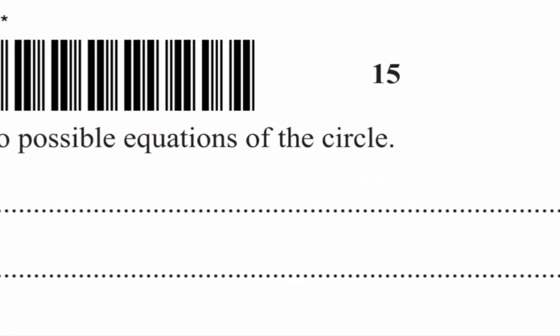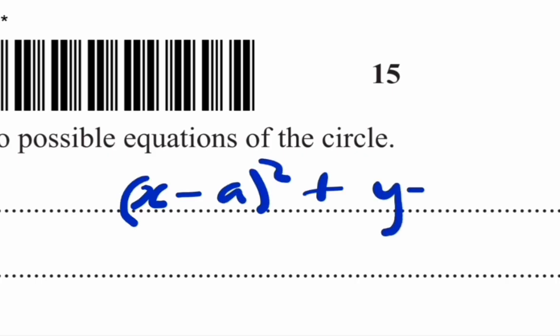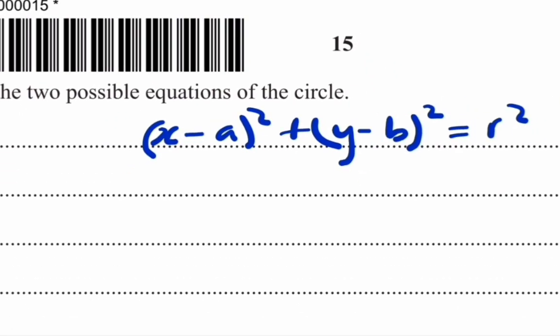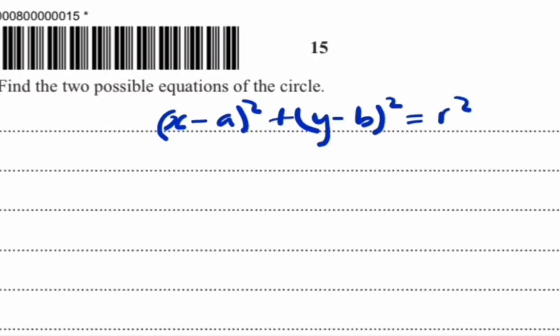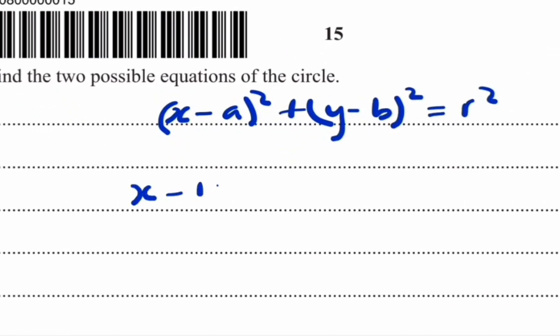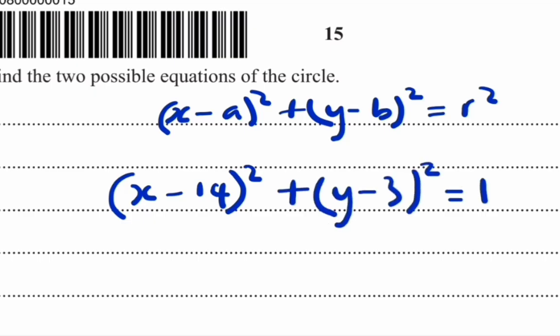And the general equation of the circle is x minus a squared plus y minus b squared being equal to r squared. So for the first one, we're going to use this value of the center, 14 and 3. So it will be x minus 14 squared plus y minus 3 squared being equal to 100, which is 10 squared. So this is the first one.